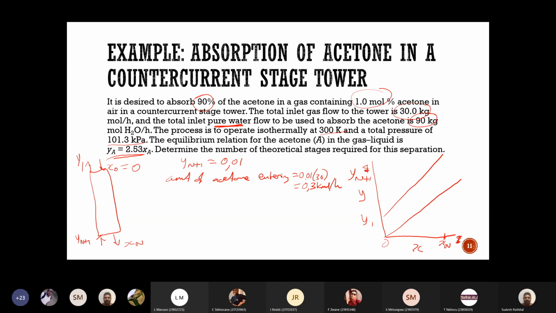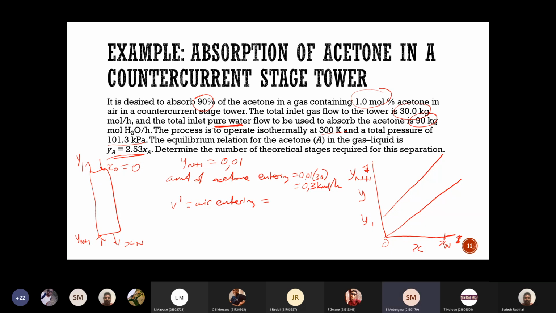What would be the air that is coming in? So what would be V prime? V prime must be equal to the inert, the air that's entering. What will be the inert? It's 90, sir. 90 kilomoles per hour. It's not 90. Remember, why would you say 90? Yes, air is pure, sir.